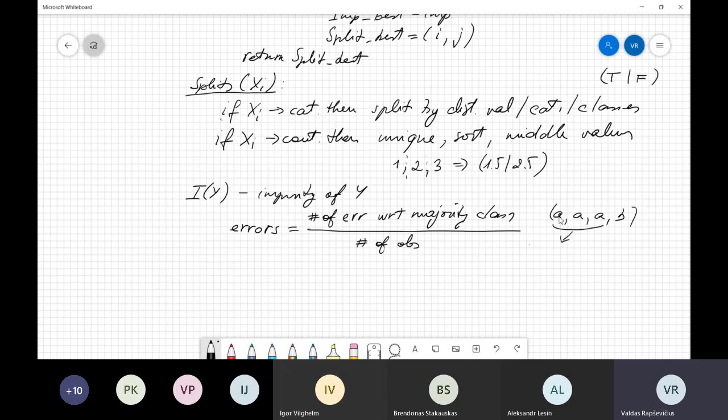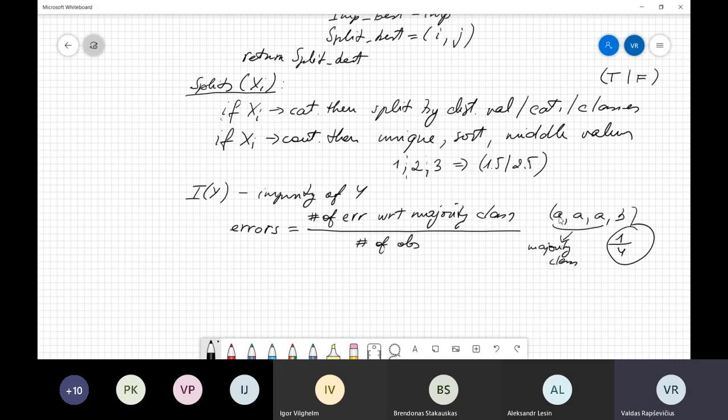This is the majority class, and one of them is out of sync. So what we have is 1 divided by 1, 2, 3, 4, so 1/4. This is the error that we have.